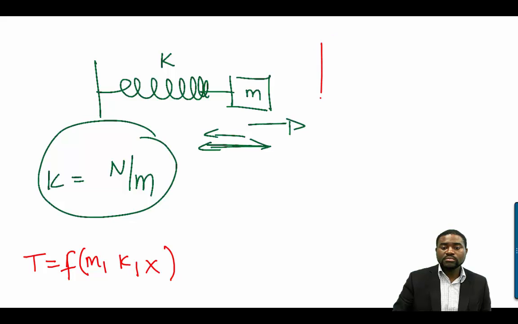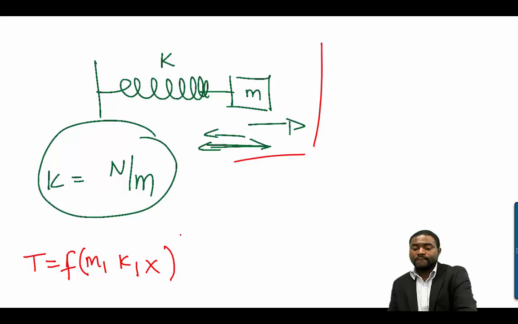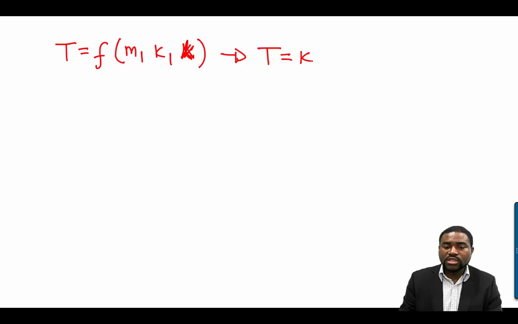Who is finished? Remember the steps. T is a function of m, k, and x. So this means that T is a constant, m raised to the power a, k raised to the power b, and x raised to the power c.